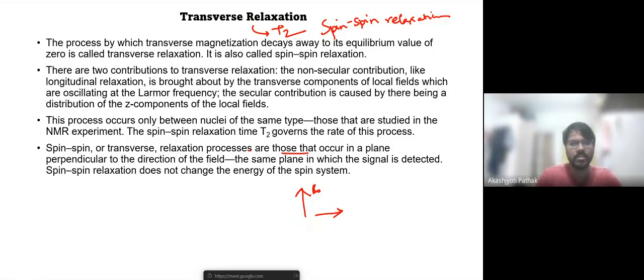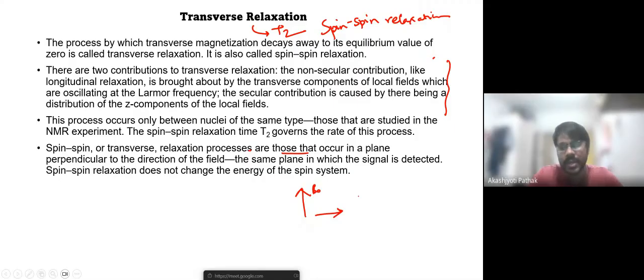So that is all. You can go through this text, but in very simple layman's language, your XY component is getting perturbed, and the time that the XY component takes to reach an equilibrium state of zero is the transverse or spin relaxation, and the time taken by the Z components to achieve an equilibrium position is your longitudinal relaxation.